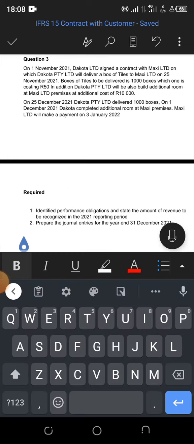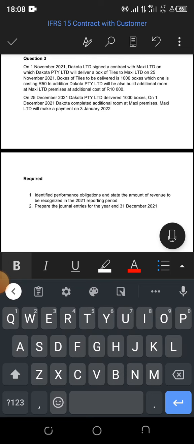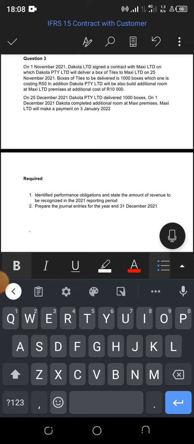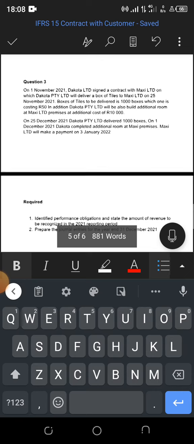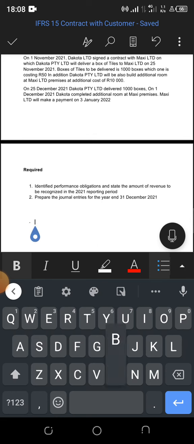Okay, now let's discuss the performance obligation. Firstly, you write the steps and you write the name of the step that is needed, a performance obligation. So you firstly write the principle under performance obligation, then you discuss what I'm going to discuss now. So the performance obligation in this case, Dakota will deliver boxes.